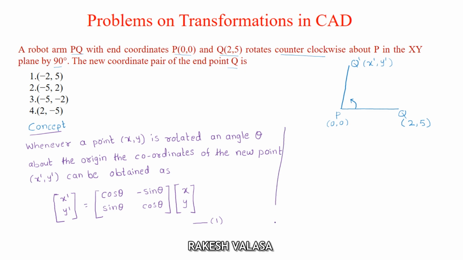Okay, let us see. First write the given data. Given data is Q, that is x comma y, equal to 2, 5. That means here x is 2, y equal to 5, and also given that the rotation angle theta equal to 90 degrees in counterclockwise direction.